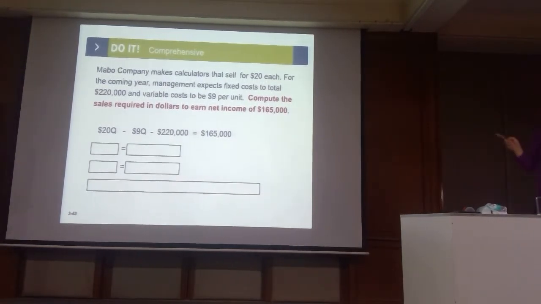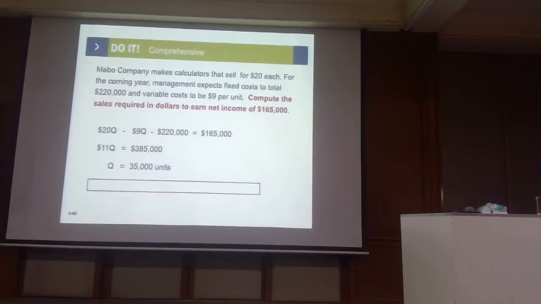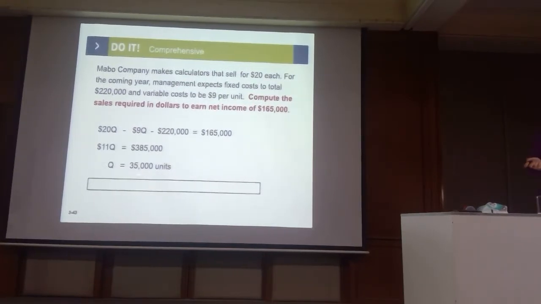For this exercise, we subtract variable cost and fixed cost from sales, equal to our net profit. But our net profit is not zero now, it's equal to our target, right? And then we solve for the unknown variable. The quantity that we have to sell is equal to 35,000 units, okay?